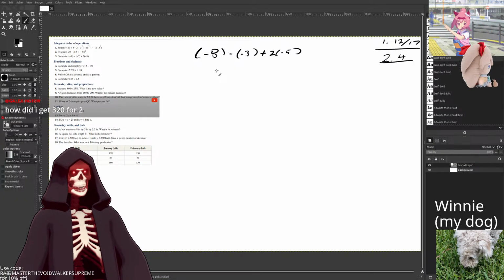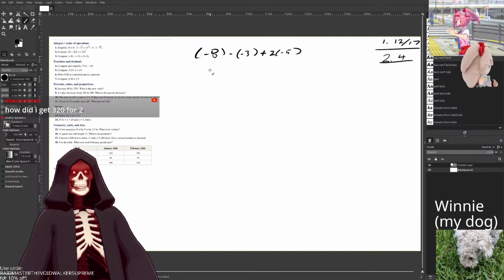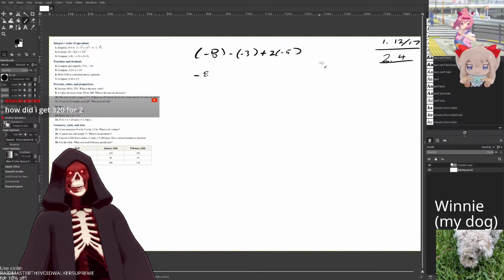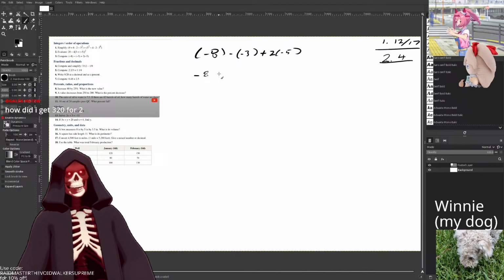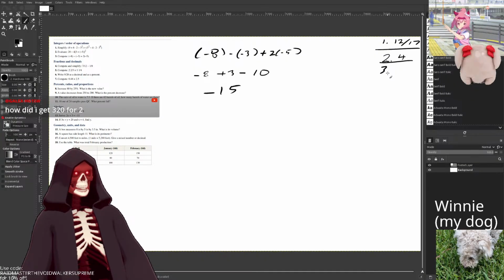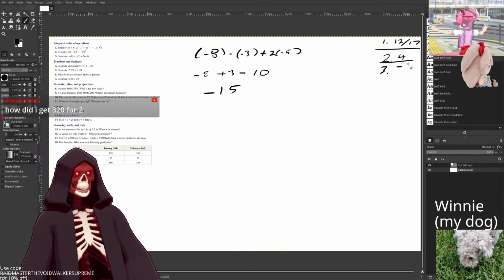I guarantee you it's not going to be that. No, it's not that. Alright, so we'll work backwards from over here. So that's just a positive right there. So we have -8. That's 10. So -10 plus 3 minus 10. Which is equal to -15. So 3 is -15.